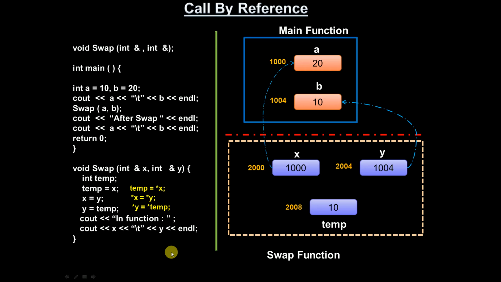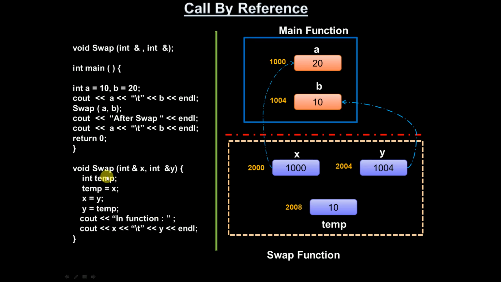Now once we got the output, the CPU control is going to hit the closing curly brace of the function. When it is hitting the closing curly brace, what will happen? Which one got the memory in this swap function? That is the temporary variable.